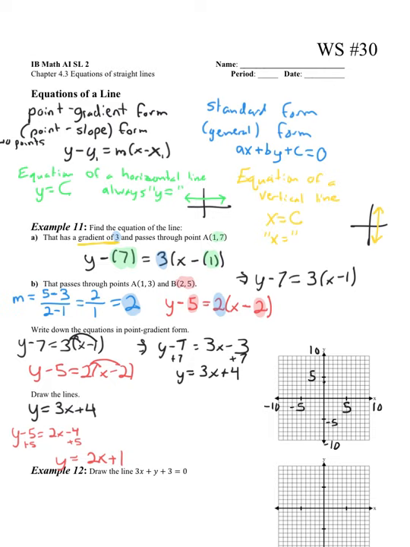I know 4 is the intercept, and then I go up 3, 1, 2, 3 over 1, up 3 over 1. And I can do the same thing in the opposite direction, down 3 over 1, down 3 over 1, down 3 over 1. And then I can sketch my line and put arrows on it.